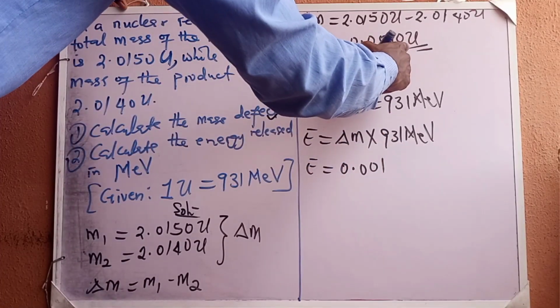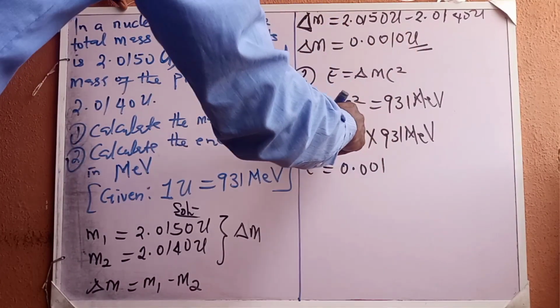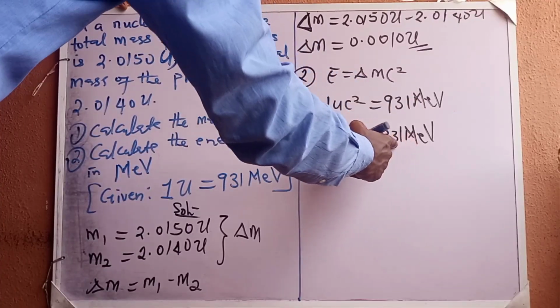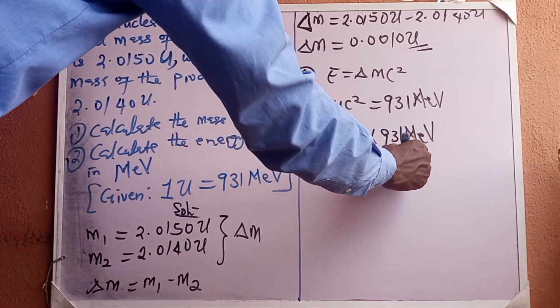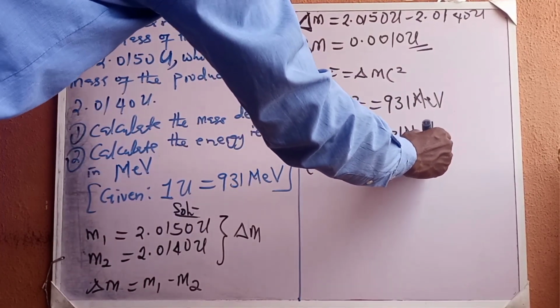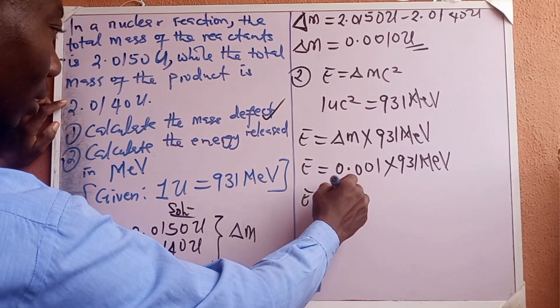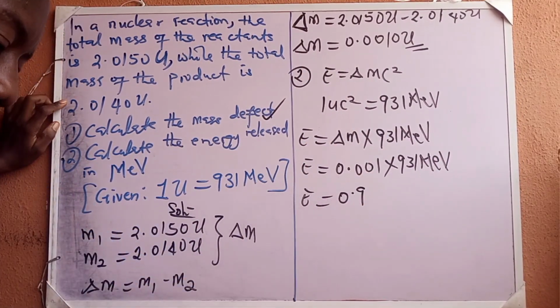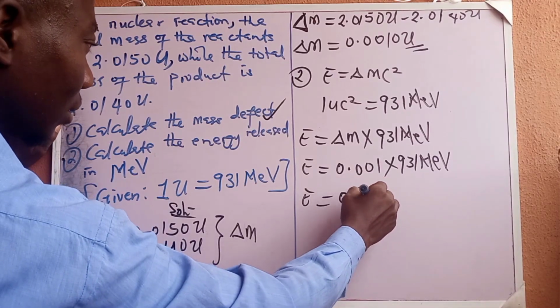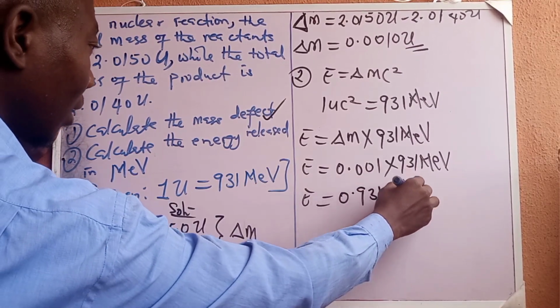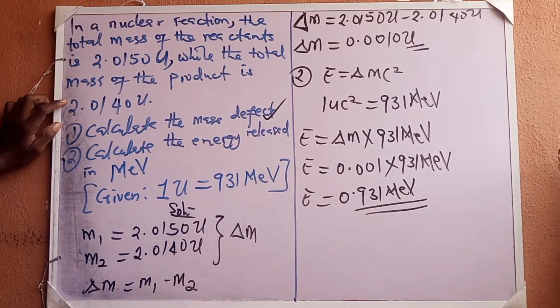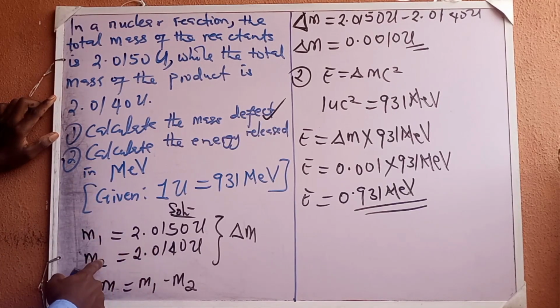I wouldn't write U again because 1 U combined with the speed of light is equivalent to this. So just say times 931 MeV, which gives us 0.931 MeV. So this is the energy that will be released by this mass.